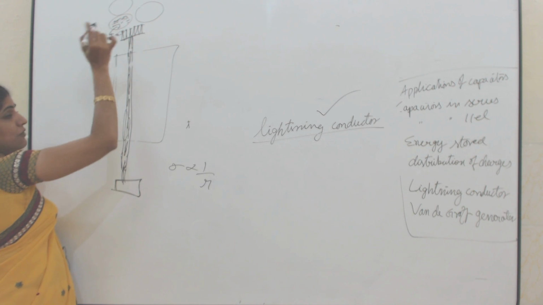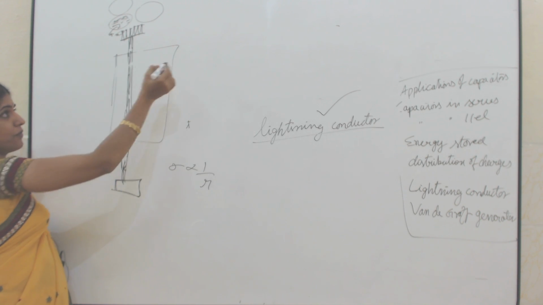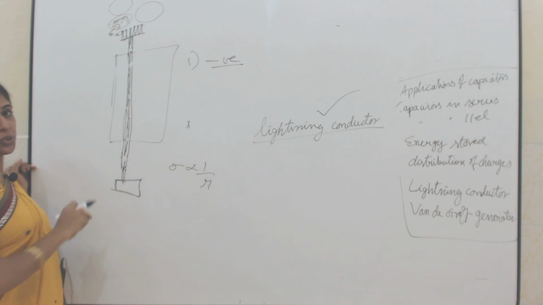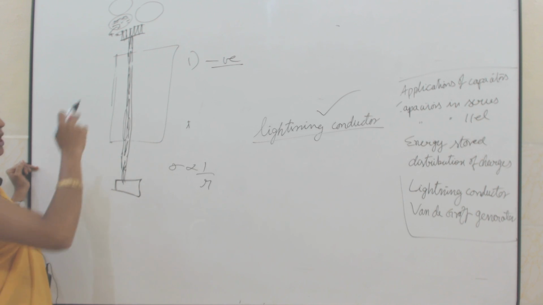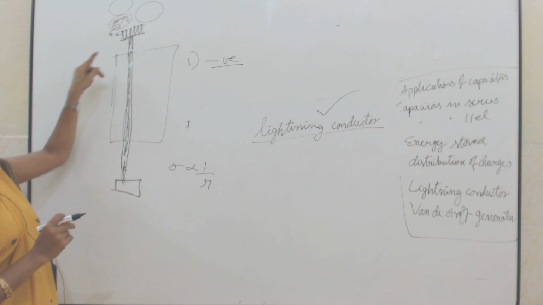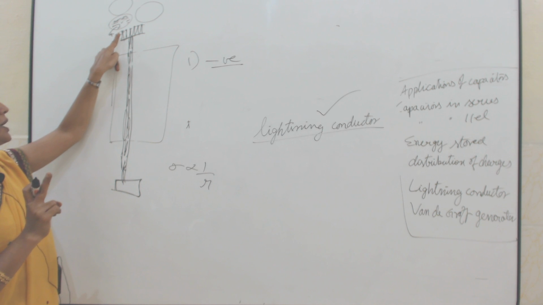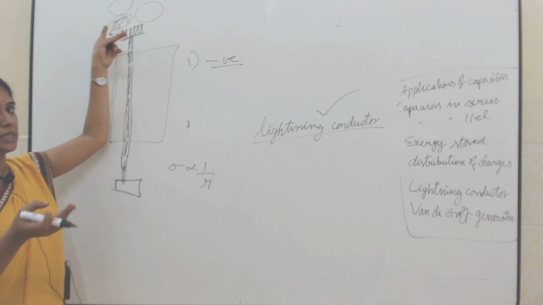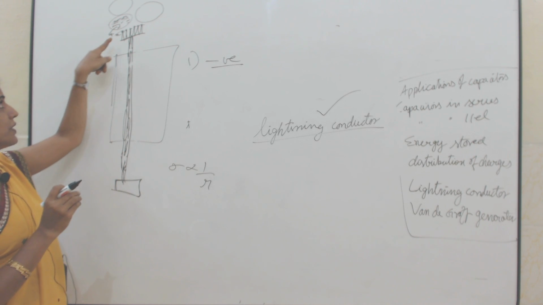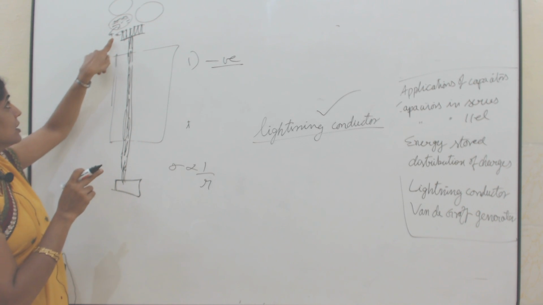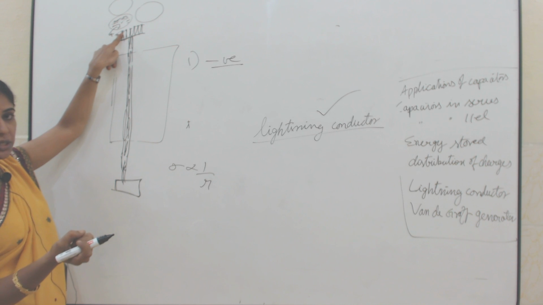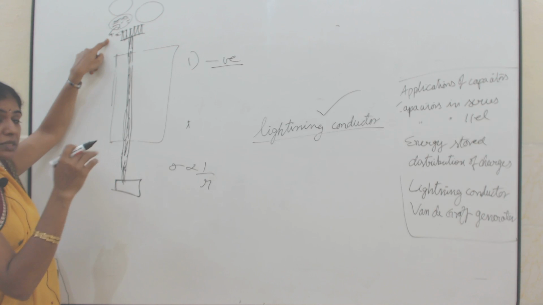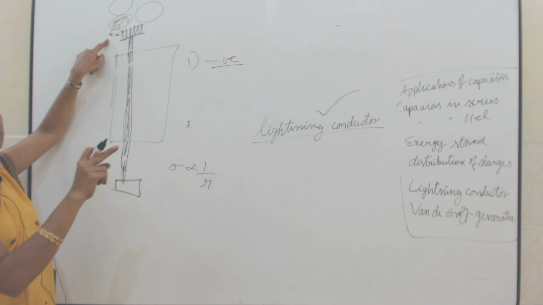So what happens here? When a negatively charged cloud is passing over the top of your building, since you have the lightning arrestor, by the process of induction the sharp end gains a positive charge. Then, due to the action of points, when the air gets ionized, the negative charges will be attracted towards the sharp ends of the conductor and the positive charges will be repelled away due to the force of repulsion.